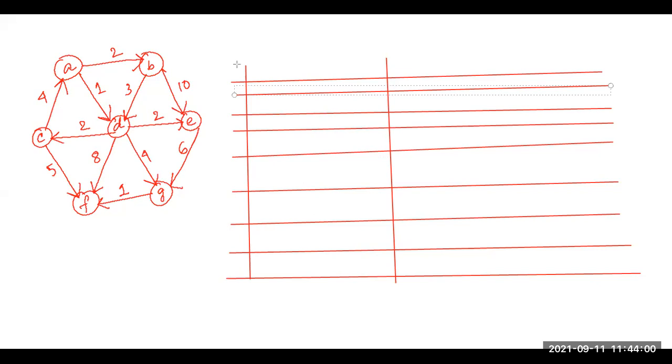Let us think this is our graph; one section will be explored vertices and another section will be unexplored vertices. Now how the concept works, I will just discuss.